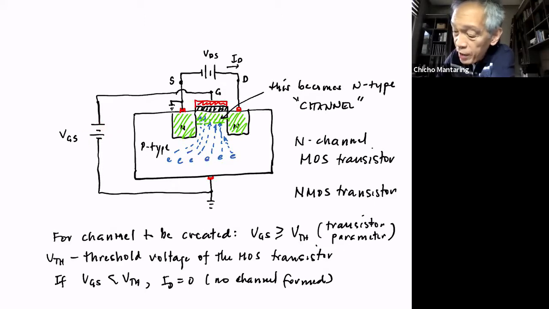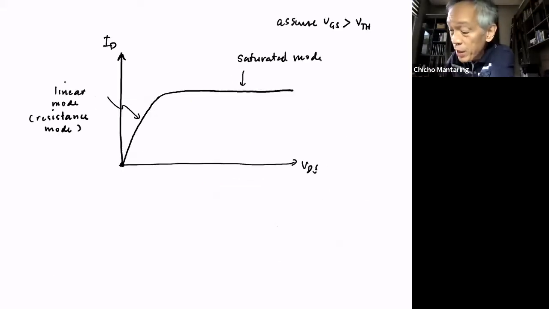But that electric field is not independent of VDS. As you increase VDS, that electric field decreases. And what happens is, at some point, the electric field will almost be canceled out, so that further increasing VDS will no longer increase I sub D. You're going to learn more about that when you take up your semiconductor physics courses.